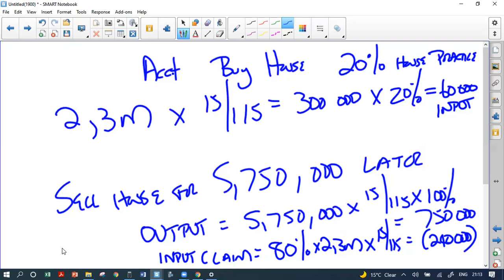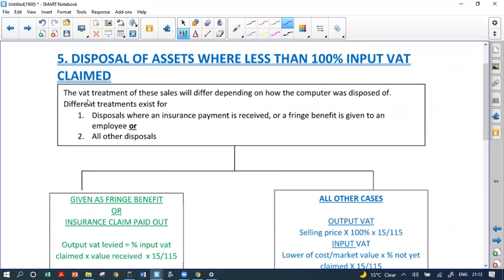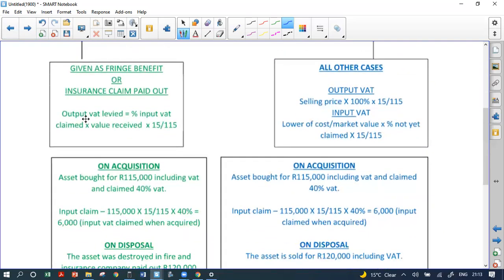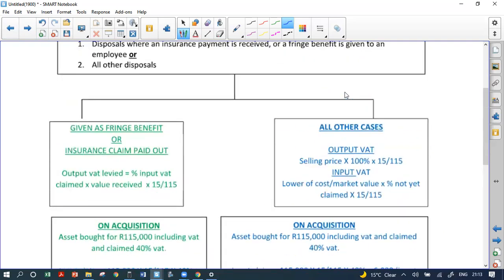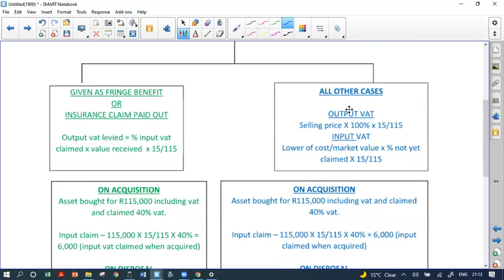So the general rule is charge output VAT at 100%, and then you get to claim input VAT on the lower of cost, 2.3, or selling price 5.75. So the input VAT claim is on the lower amount, and the output is normally on the bigger amount. So what I just want you to see is, it says here, output VAT, selling price times 100% times 15 over 115.